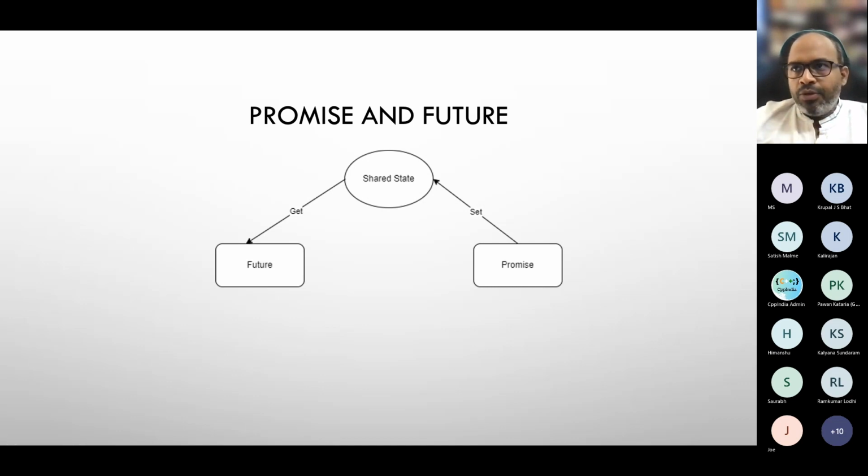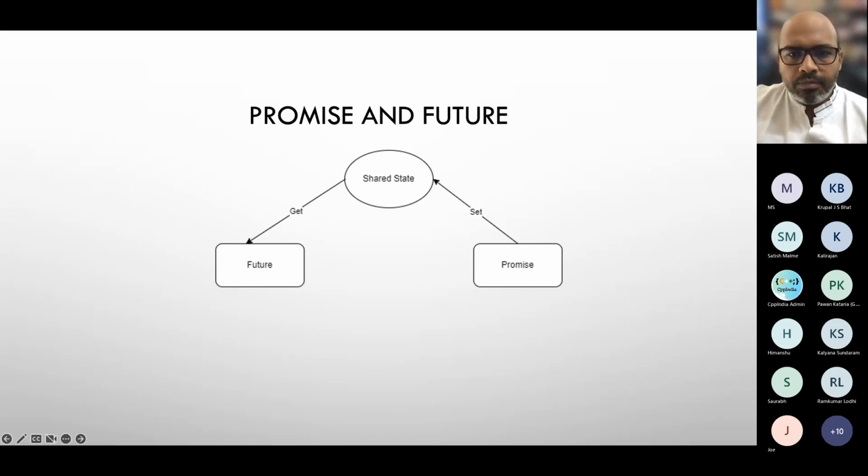Promise and future are not new concepts. These are very old concepts, as old as computer science itself. In typical async programming, if you want to do some kind of async operation, one of the ways is to use promise and future. So what is a promise and what is a future? You can think of promise and future as two different objects, but they are entangled in the sense that they have a shared state.